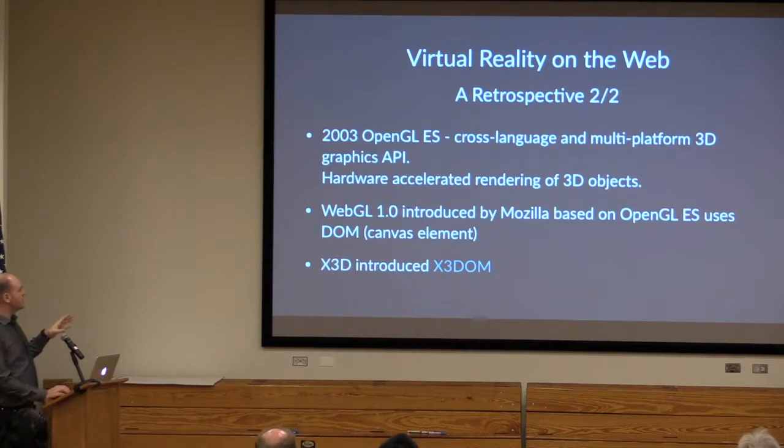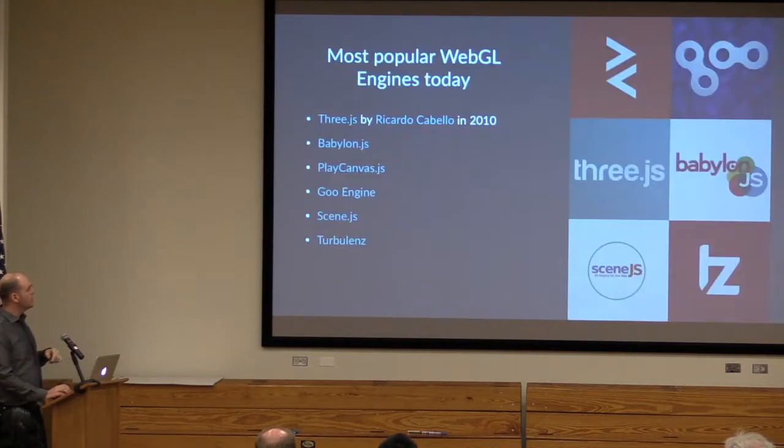WebGL is now a standard across the board on all browsers. And there are a lot of popular engines that tap into the WebGL library. One of the biggest engines is three.js, which is made by Ricardo Cabello, or Mr. Doob, as we know him on GitHub. Then there's Babylon.js and the others.